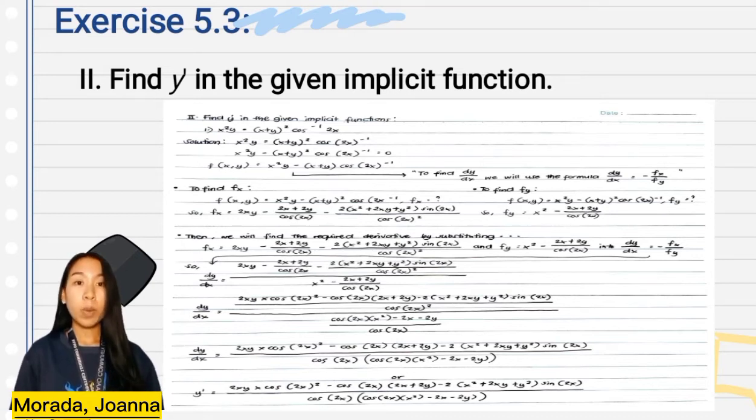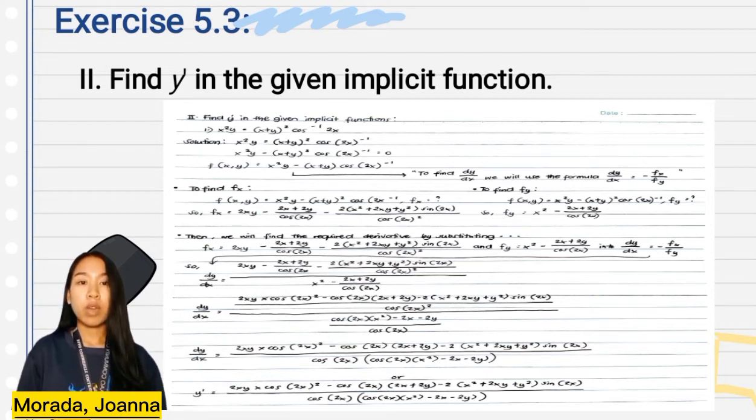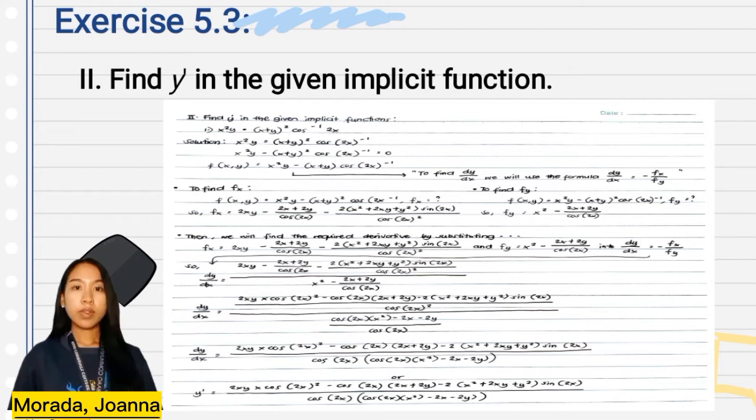So, f open parenthesis x and y close parenthesis equals to x squared times y minus open parenthesis x plus y close parenthesis cos open parenthesis 2x close parenthesis raised to negative 1. So, to find the first derivative, we will use the formula dy over dx equals to negative fx over fy.